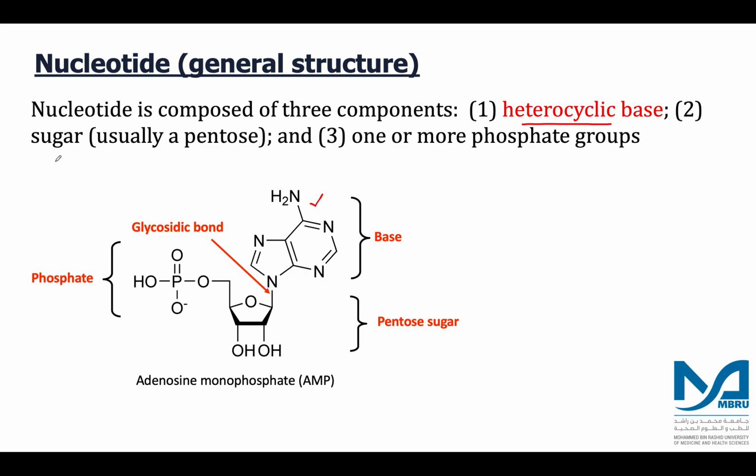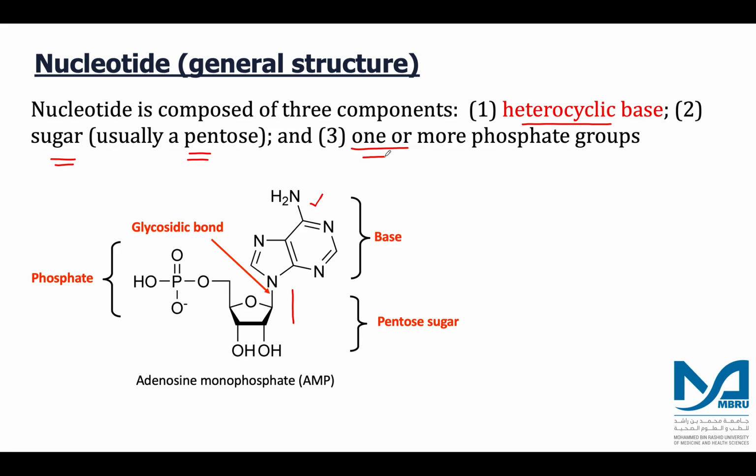Then it consists of a sugar, which consists of 5 carbons. That is, it's a pentose sugar, which is shown here in the slide. And then the third component in the nucleotide is a phosphate group. So a nucleotide simply consists of a heterocyclic base, a pentose sugar, and a phosphate group.